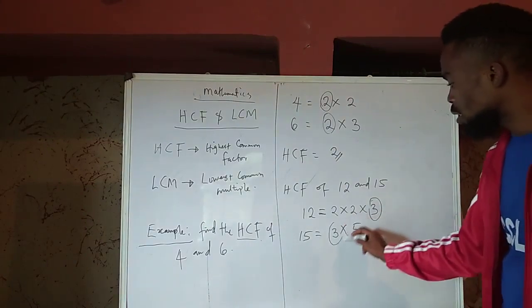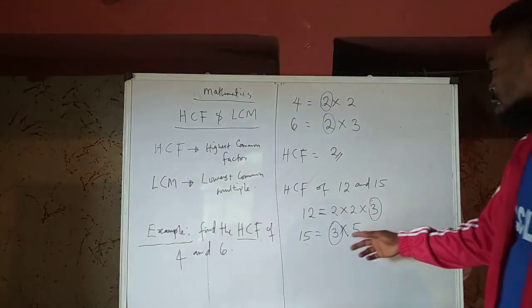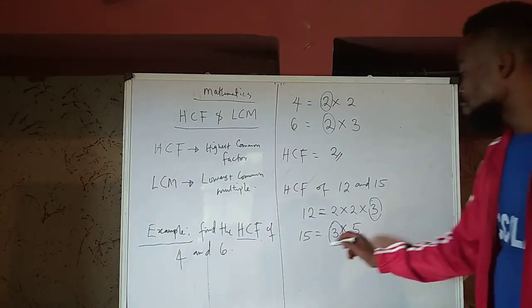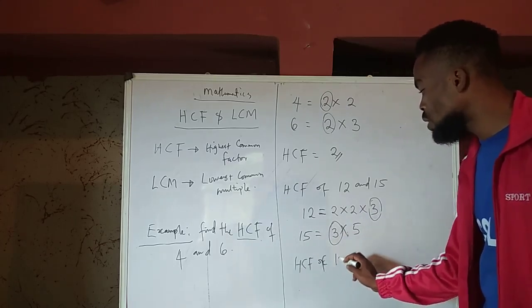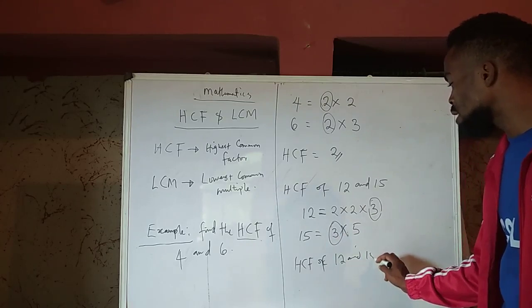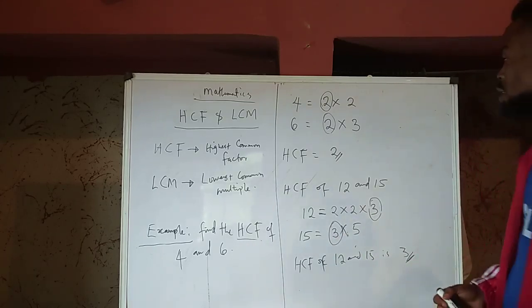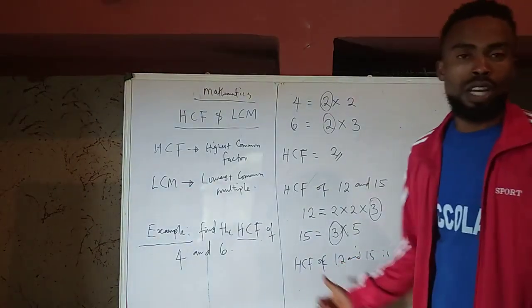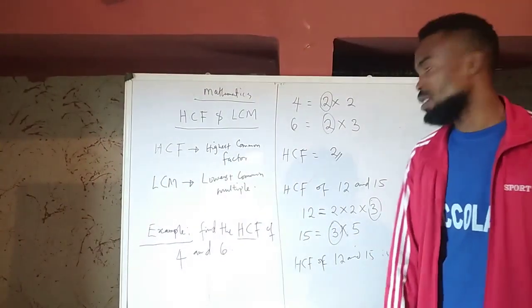It is 3. 3 is common between them. So that means the HCF of 12 and 15 is 3. So this is the result anywhere in the world. Okay, so that's it. If you can do this, you have a good foundation for your mathematics.